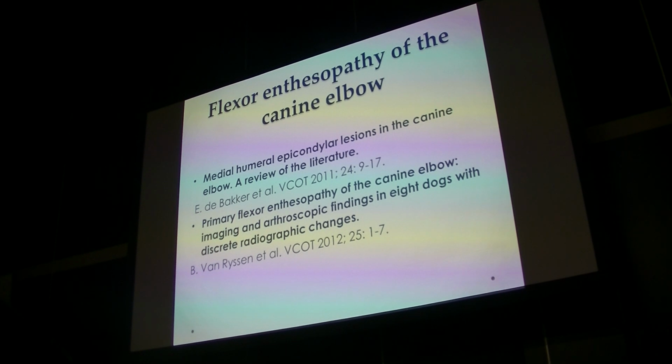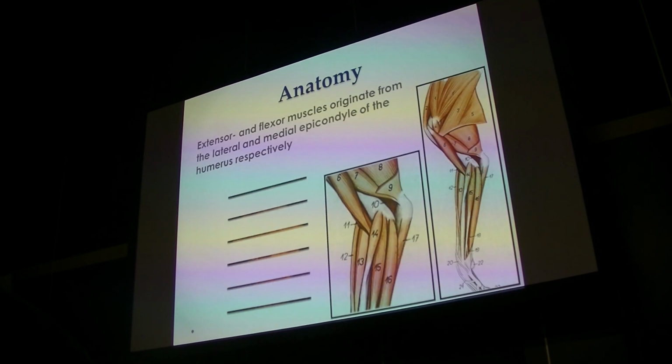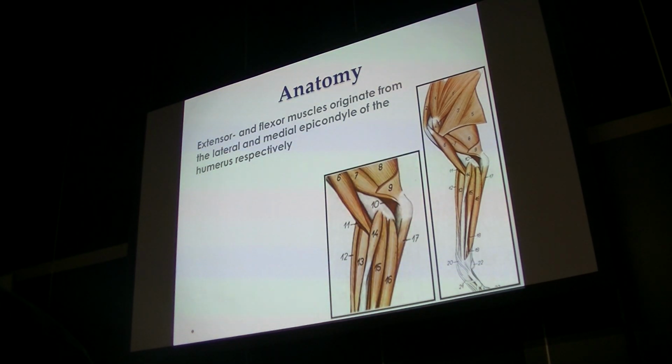The difficulty is: is the dog lame from coronoid pathology or from the flexor? That's still difficult. About the anatomy, I won't go into detail as we have a whole bunch of flexors in the medial area.